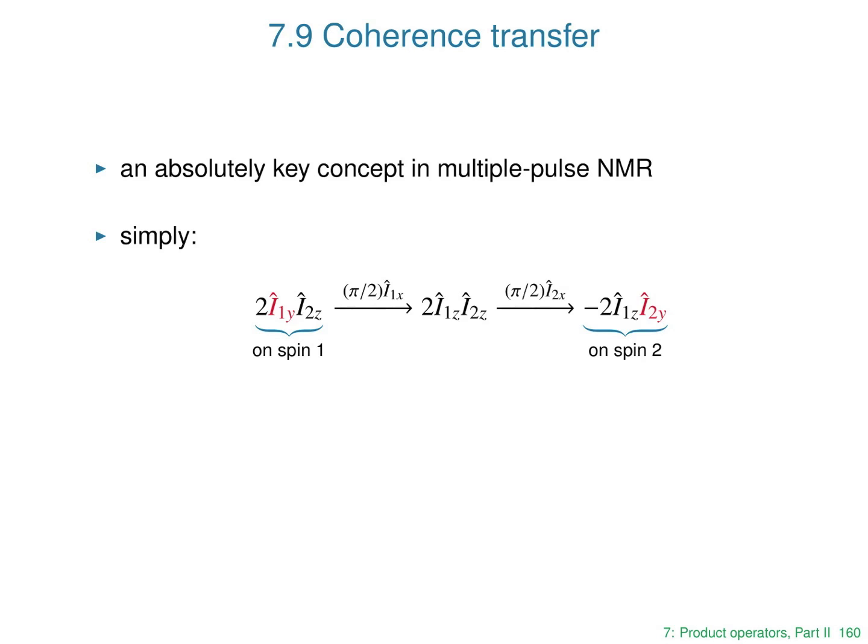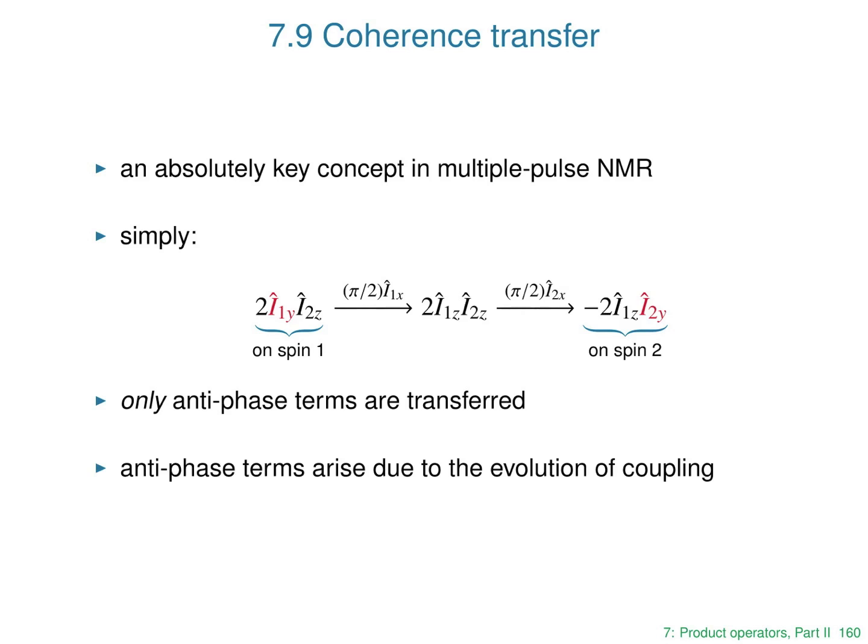And this only happens because of the antiphase terms. It's only the antiphase terms which get transferred. And if you think about this, of course, the antiphase terms only arise because you have coupling.